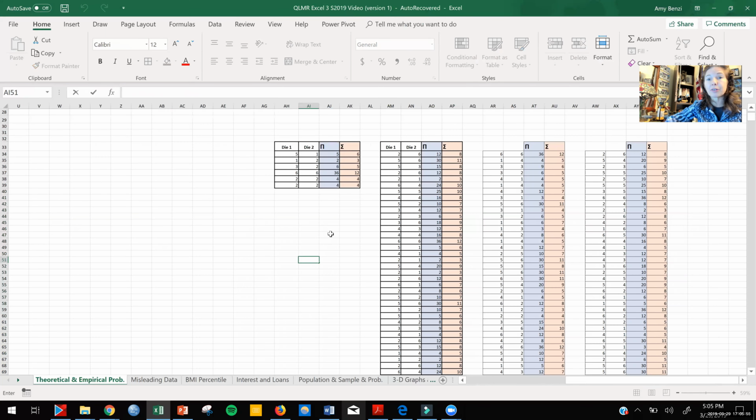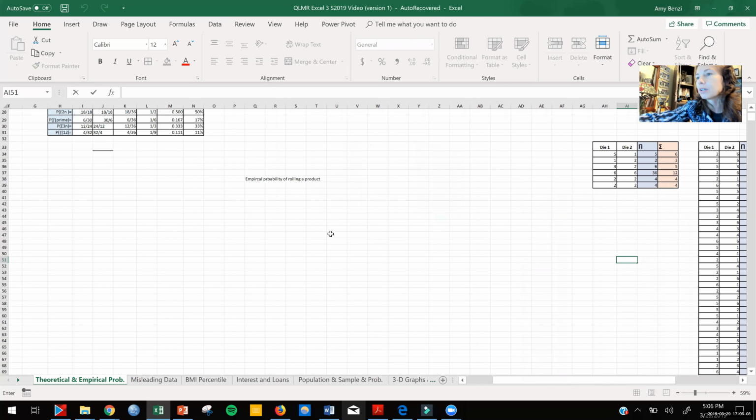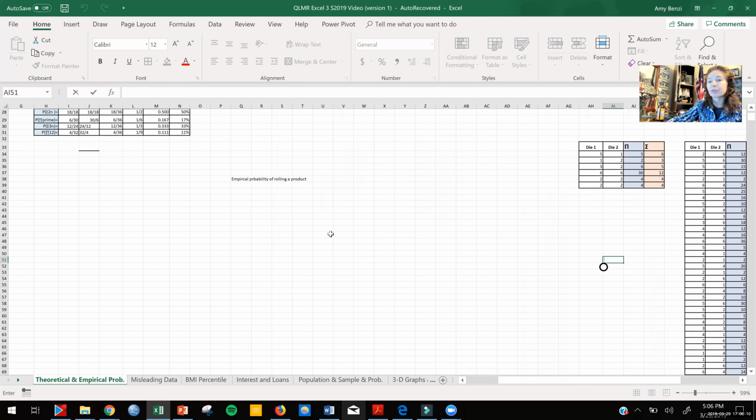I'm going to start off with my first set of random numbers. Now, I'm going to make my screen smaller because I'm going to have a lot going on, and I'm going to move kind of quickly because you know how to use Excel now, hopefully. I'm going to start off with creating 4 histograms for my sum columns. Those are, for me, the peachy columns here because I had mixed them up.